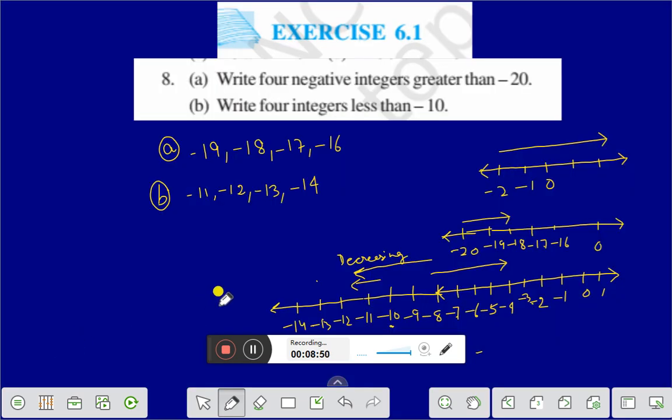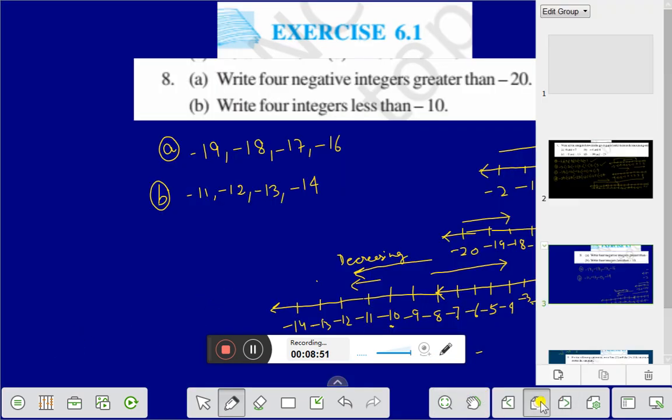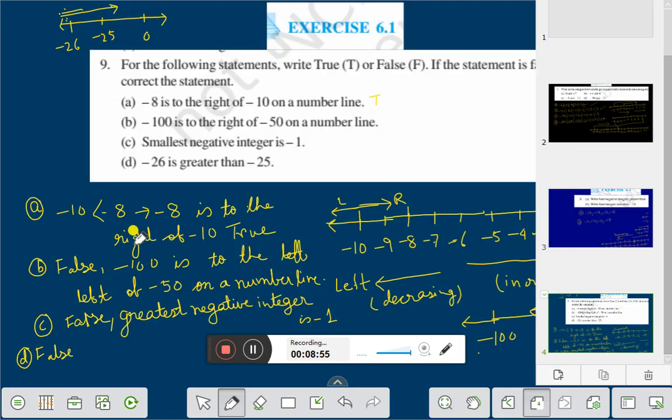Then what will be the answer? Question number D, minus 26 is greater than minus 25. Here you see minus 25, in this direction it is increasing.